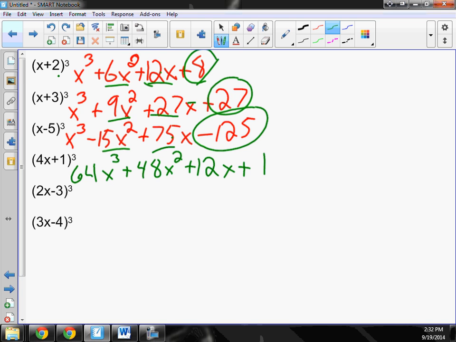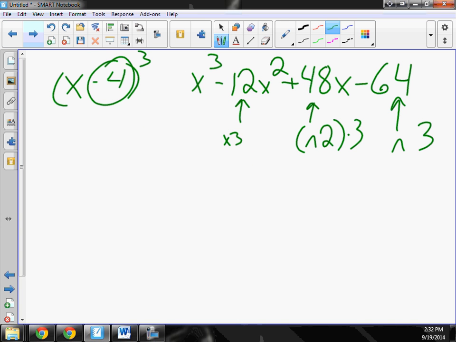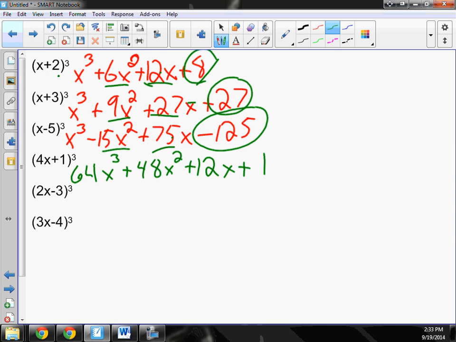Okay. Do you notice any similarities there? So that's exactly the same as what I just did, only in reverse order, right? Well, if that was a plus, look at the coefficients. 1, 12, 48, 64. On this one, 64, 48, 12, and 1.